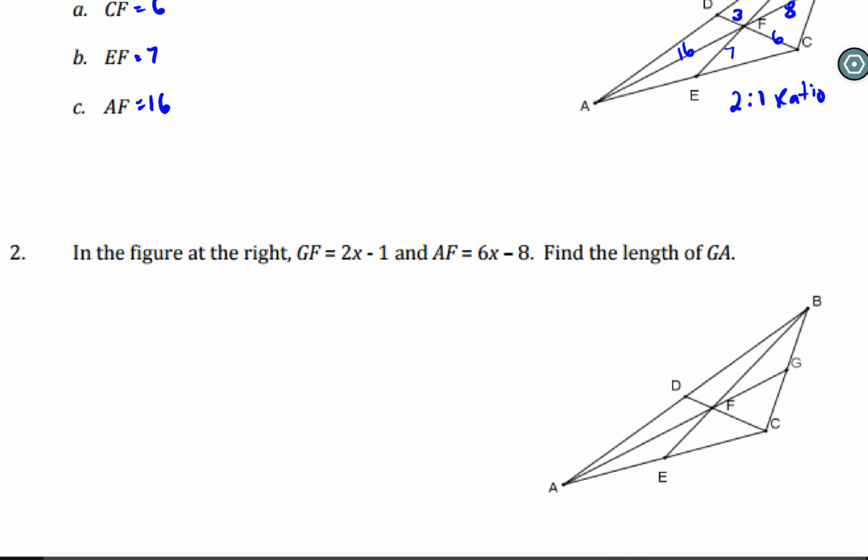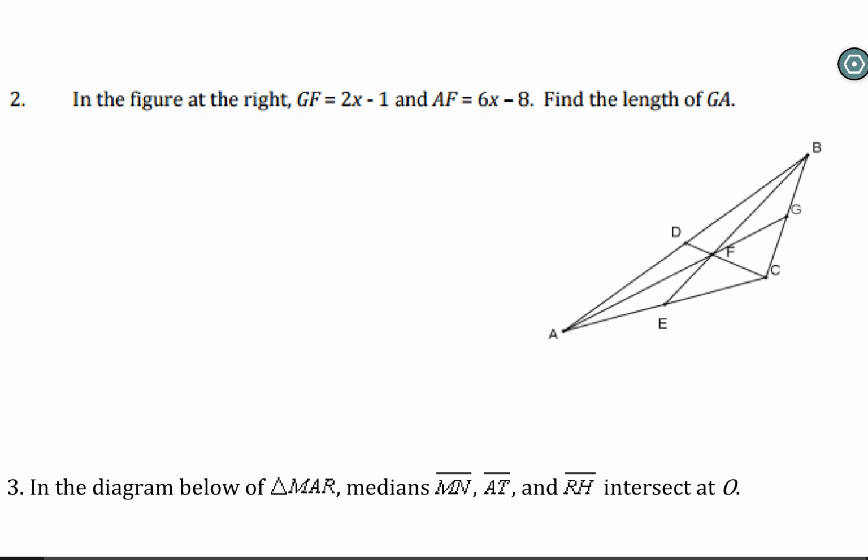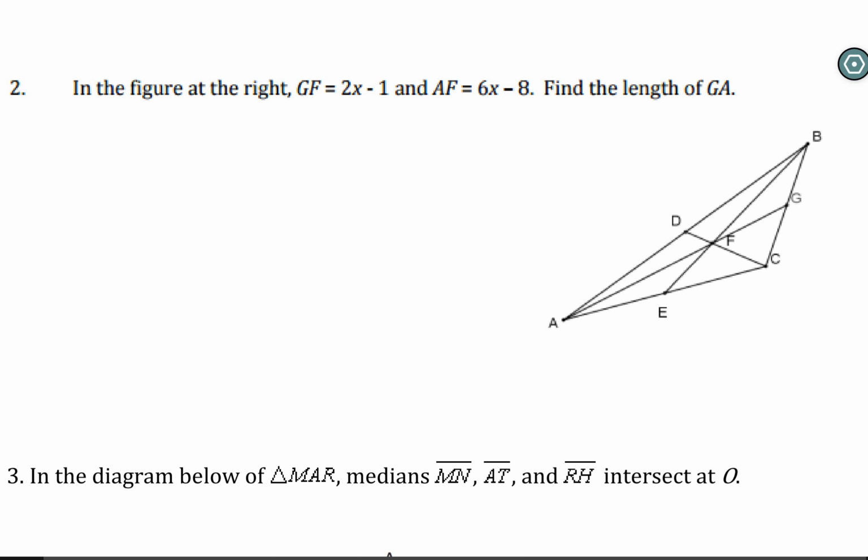Let's look at 2. 2 is similar to one that we did in class. It tells us that GF is 2x minus 1. So if we label that segment 2x minus 1, and AF, which is the longer of the two segments, 6x minus 8, I have a relationship I can use to figure out what x is.